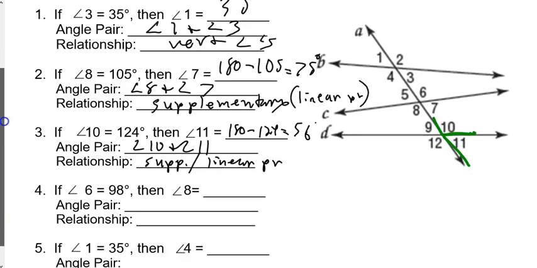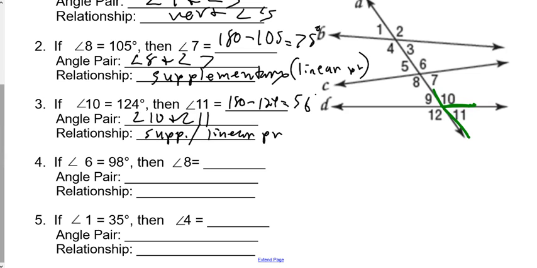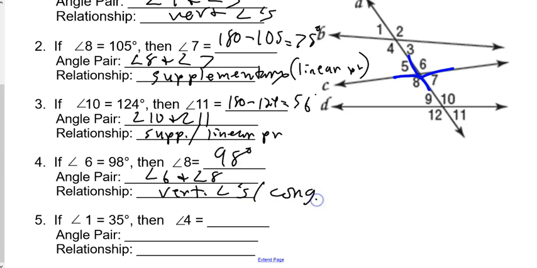Hit pause if you need to, catch up with the writing. Okay, angle 6 is 98. Where's angle 6? So angle 6 is up here. It's 98 degrees. What's angle 8? Well, angle 8 is right here. It's a vertical angle, so it's going to be the same amount, 98 degrees. So angle 6 and angle 8 are vertical angles. They're congruent. All right. How about angle 1?